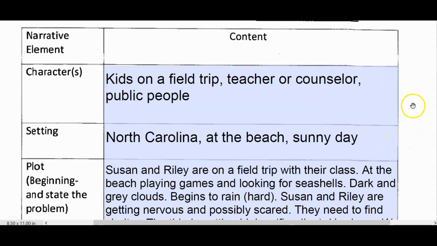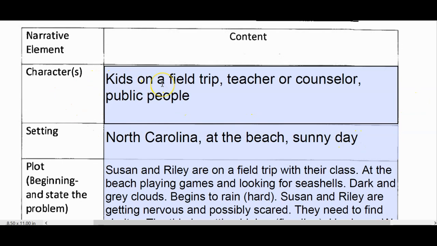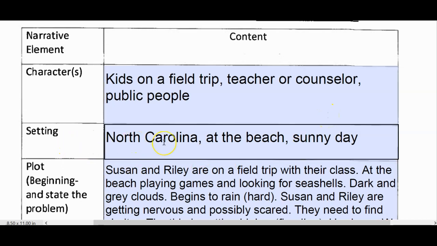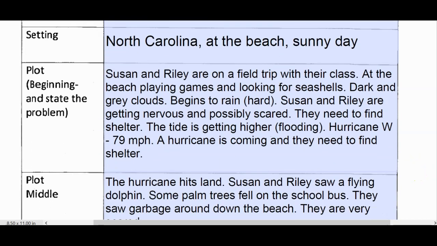So then on page 6, I'm still not writing a lot of details until where it says the characters. In my story, they're just kids on a field trip. It was their teacher, counselor, and then just people at the hotel. The setting was at North Carolina at the beach on a sunny day. At the beginning, and I'm going to state the problem.